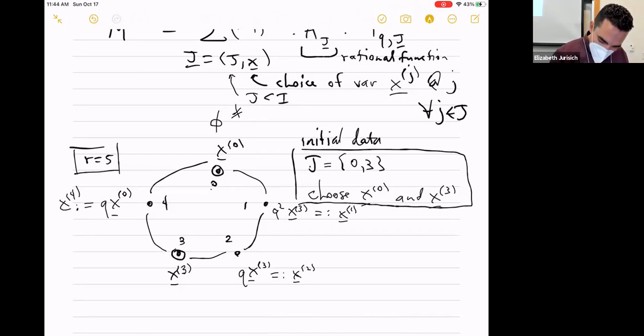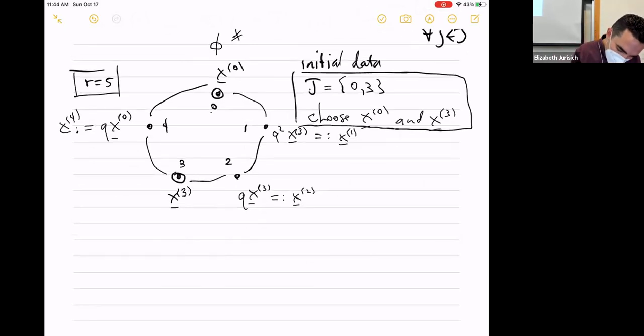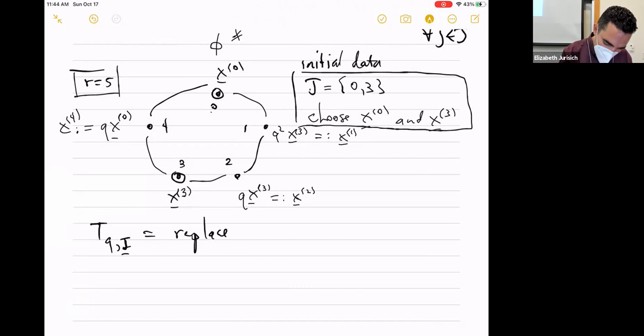And then this translation, which is a generalization of Macdonald's q shift, but there's much more complexity here, or much more choices, says the following. So q_J underline is this: replace x_j underline by q x_j underline plus 1.